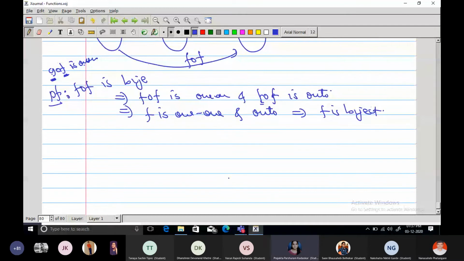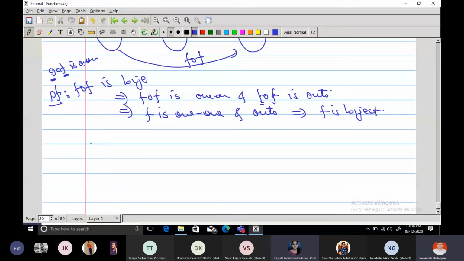So can we produce different functions from the same domain for which the composite function is a bijection?